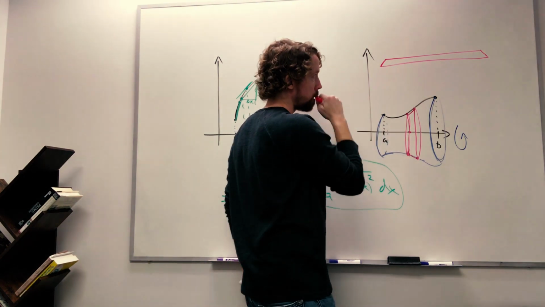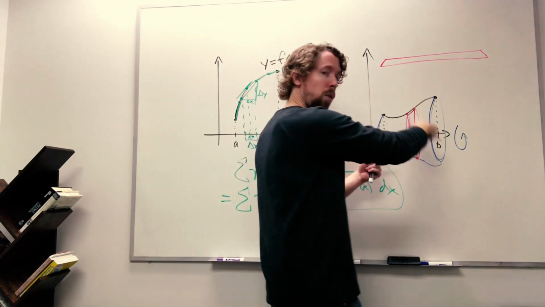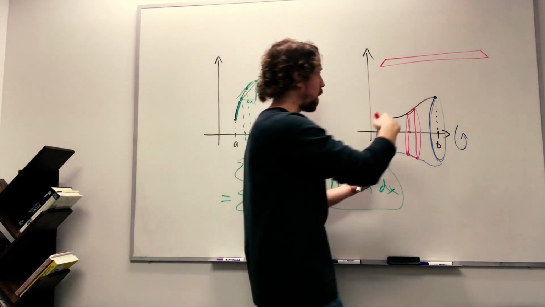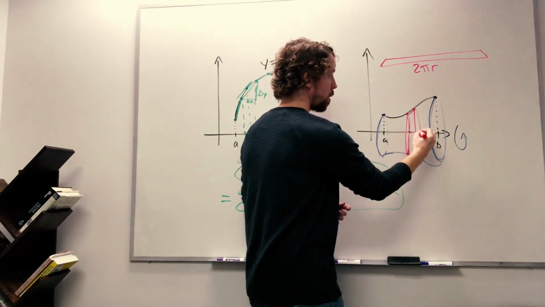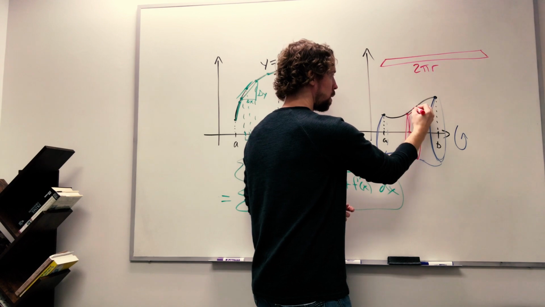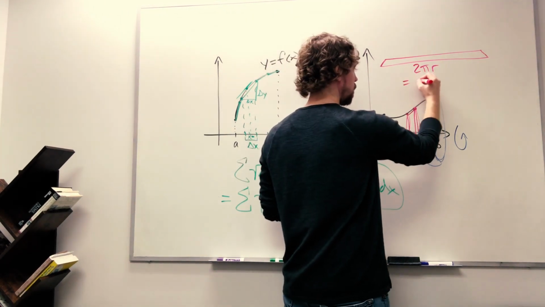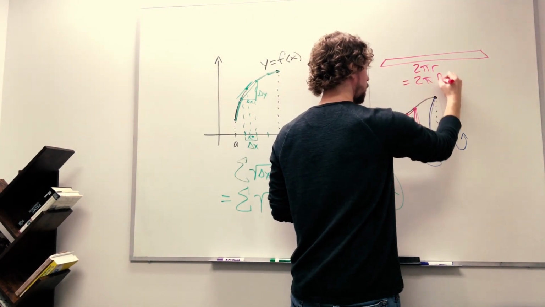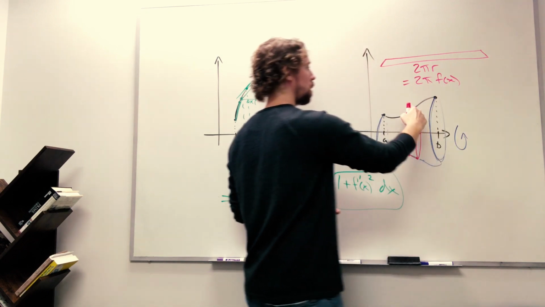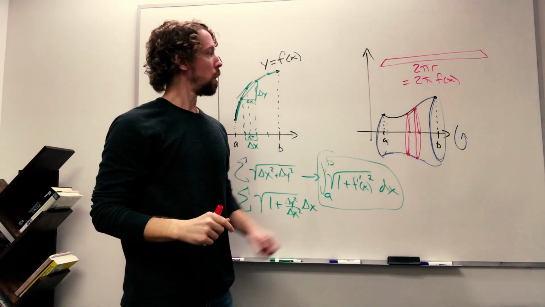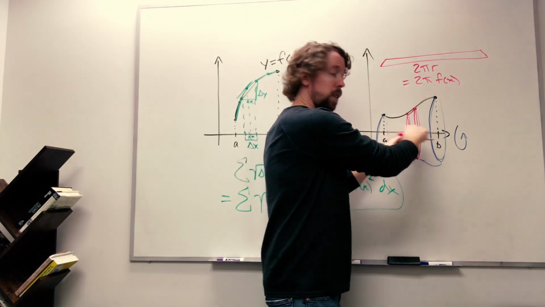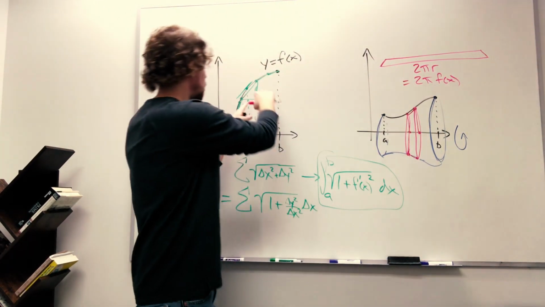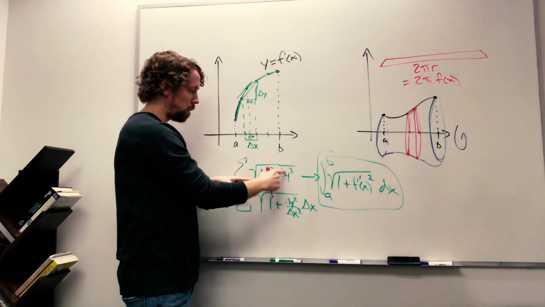These edges are slanted. If I go all the way around, that's just the circumference, 2 pi r, where r, the radius, is just the y value, or the function value on this curve. And then these slanted pieces are not just delta x. They're actually this kind of thing. So I need to use this guy.